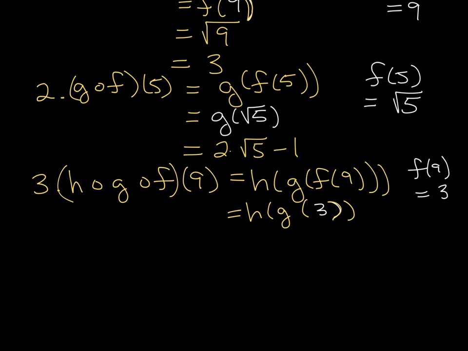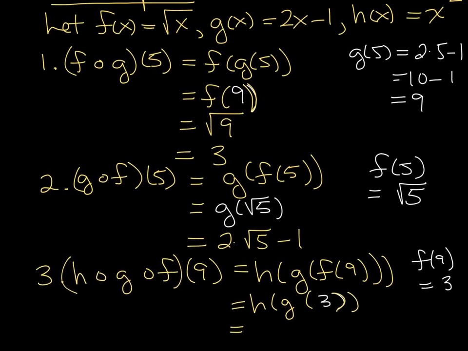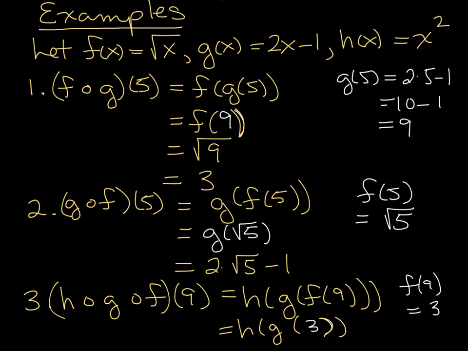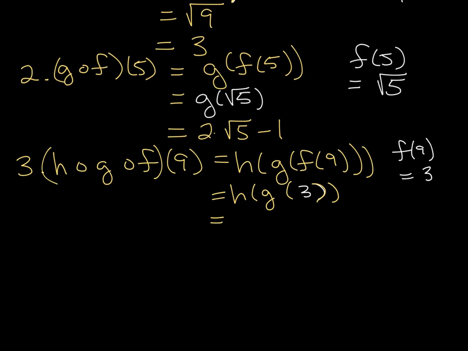And now we're going to find g of 3. So g of 3, if we recall from above, our function g here is 2x minus 1. So g of 3 is 2 times 3 minus 1, which is 5.